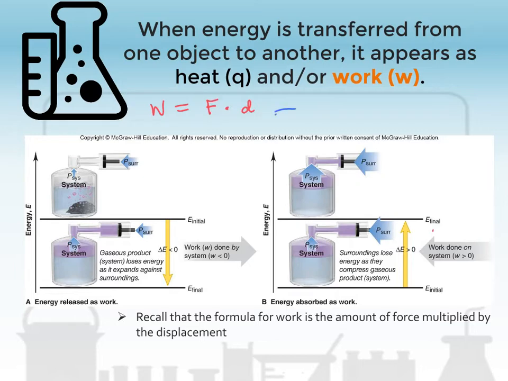Wherein we will arrive with the unit Newton times meter or what we call the joule. Itong picture na to, medyo, ano to? Ano nangyayari? Mamaya, mas i-explain natin kung paano ba nare-represent ng picture na to yung work when it comes to our common systems in chemistry.